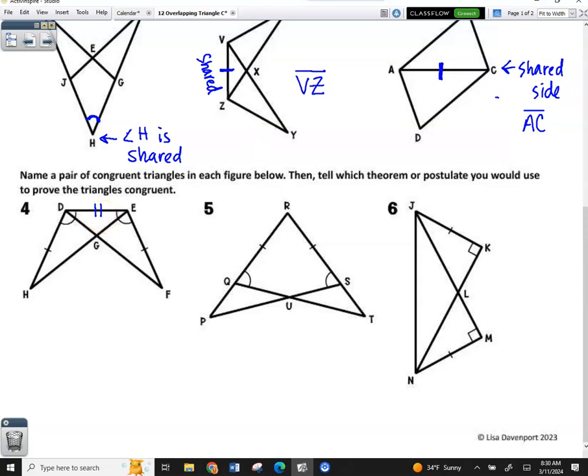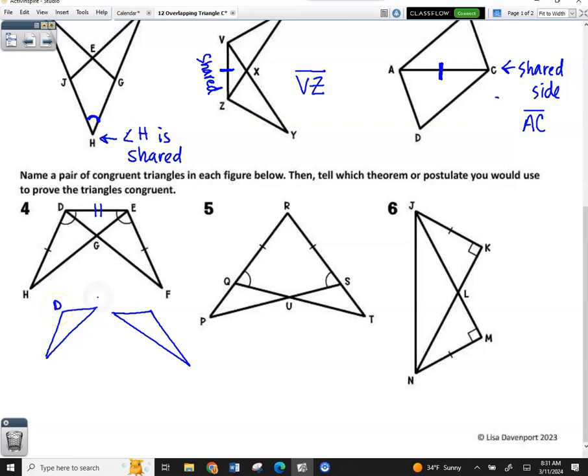Now, if reading this when they're overlapped is confusing, then draw them separately. Okay? We've got this triangle, and then we've got this triangle, and we're going to imagine pulling them apart. So this triangle, trace your eyes around it carefully, would be what? What letter would go here?